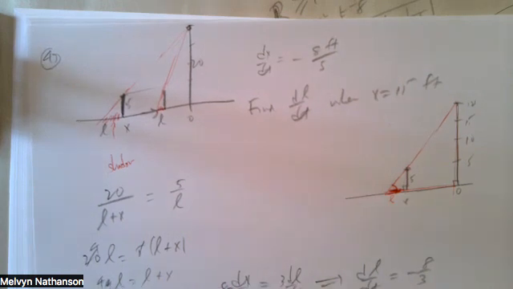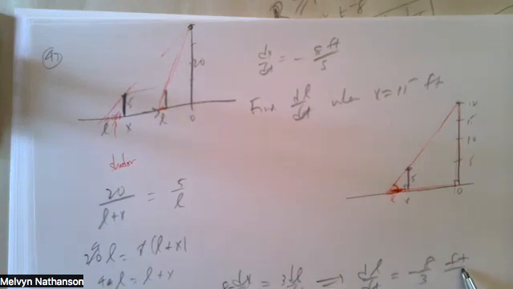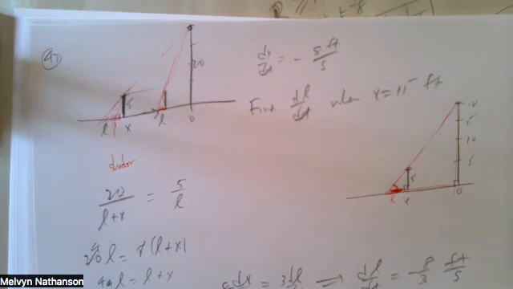Right? 3L equals x. So dx/dt is 3 dL/dt, and dx/dt is -8. So dL/dt is -8/3 feet per second. So this is changing at a rate of -8/3 feet per second.